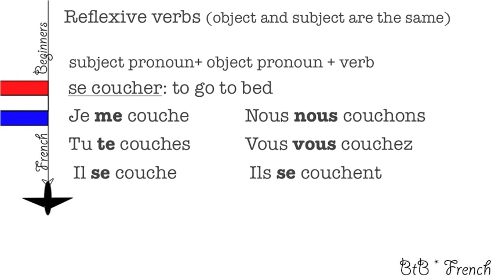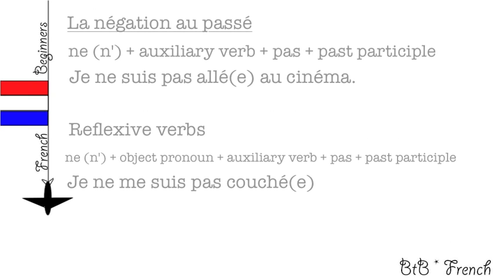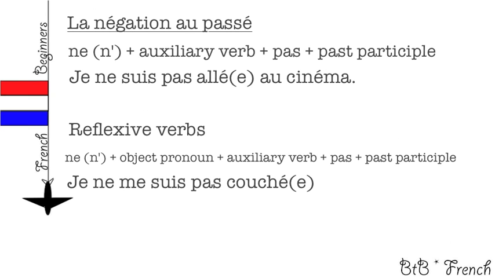Conjugated with first person singular, je me couche, tu te couches, il se couche, nous nous couchons, vous vous couchez, ils se couchent.